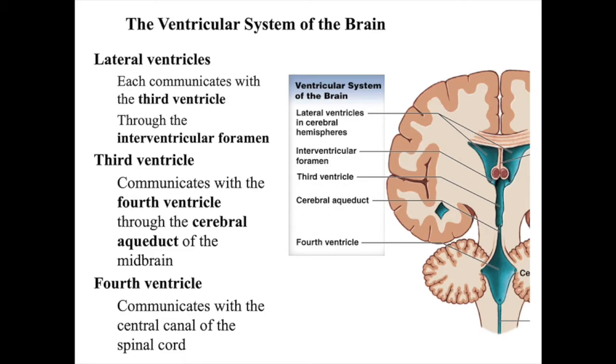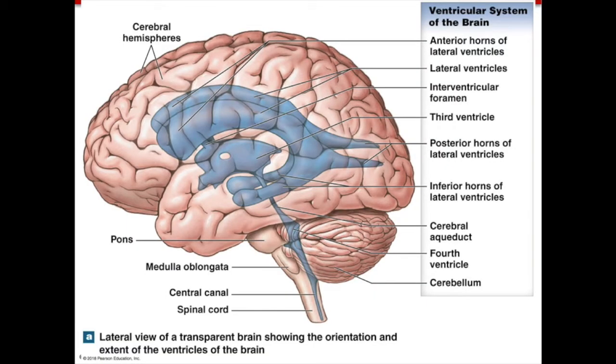So in a different view, you have the big lateral ventricles, which can be described further as far as their anatomy, describing the tips as horns. So you have the anterior horn, a posterior horn, and then an inferior horn that projects laterally into the temporal cortex, so the temporal lobe.